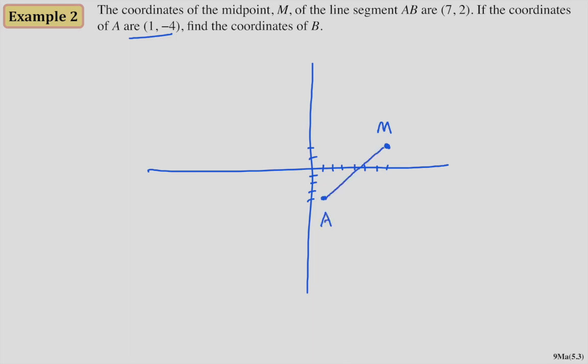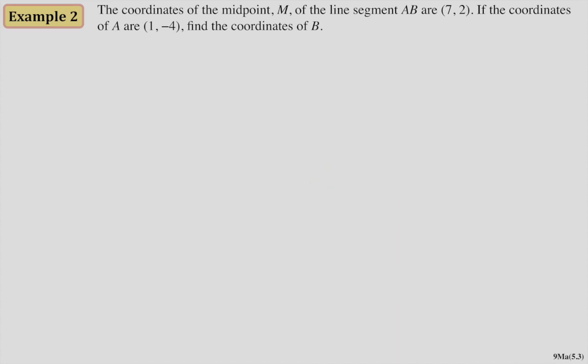If I was to join them, A and B would be somewhere like that because M is the middle point. It's halfway between them. This is the point we're trying to find. That's what we're actually doing. Now, it's possible to draw the picture and figure out how far you've gone across, how far you've gone up, go across the same distance, go up the same distance, and you can then generate that point. But we're going to actually use our formula.